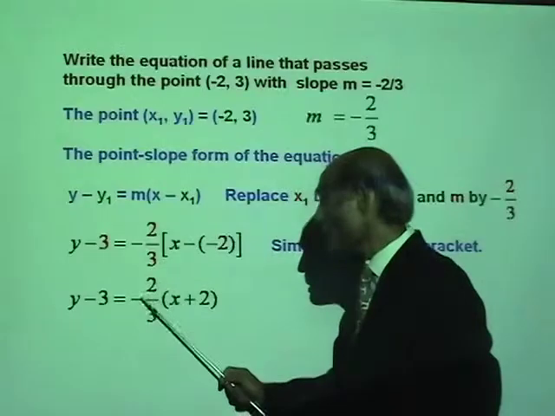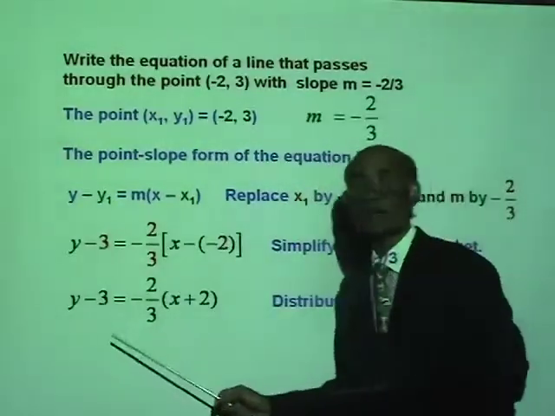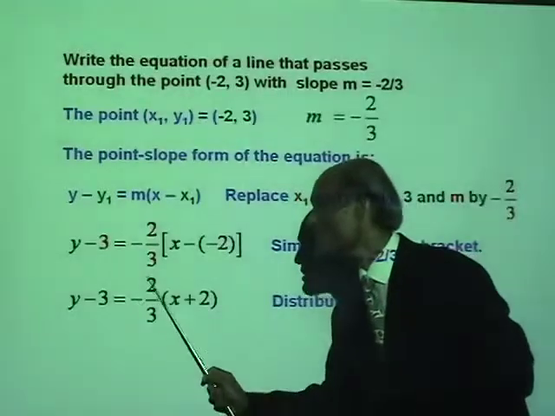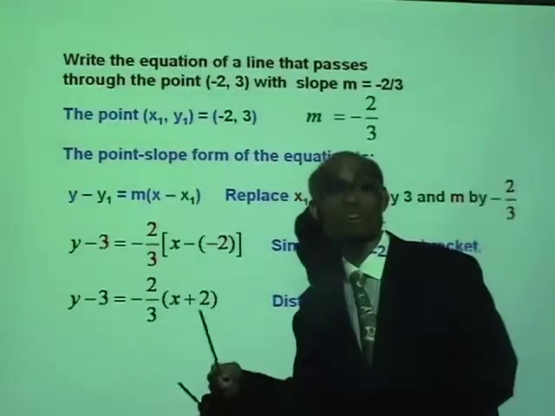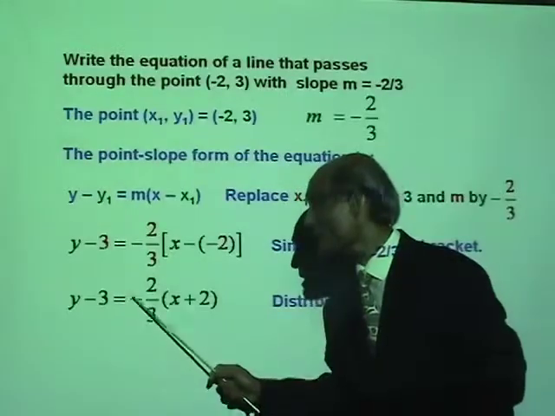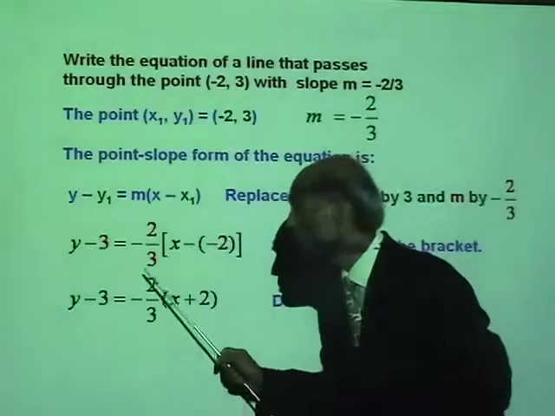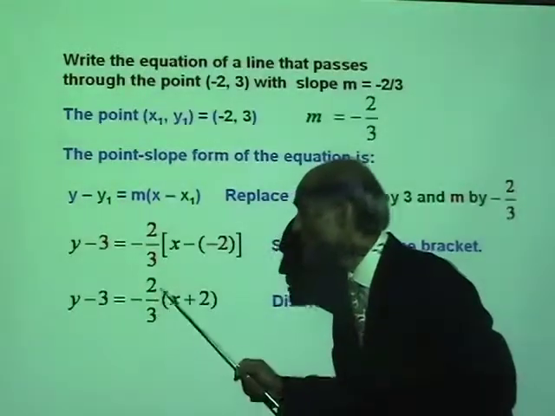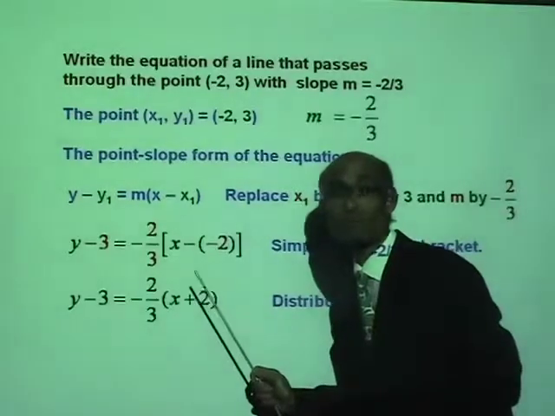And now we need to distribute this. Is that right? Can you do that? Distribute -2/3 times x will be -2/3 x, and -2/3 times +2. What will you get if you multiply these two? -2/3 times +2.